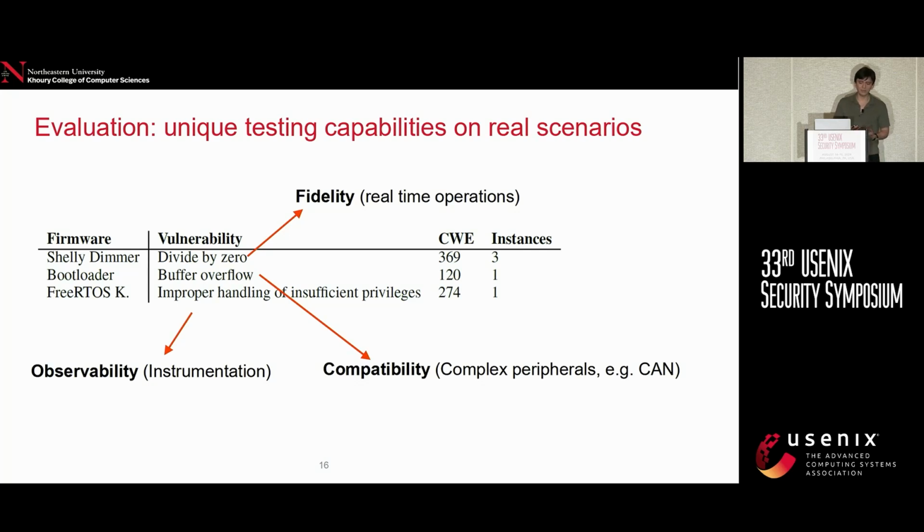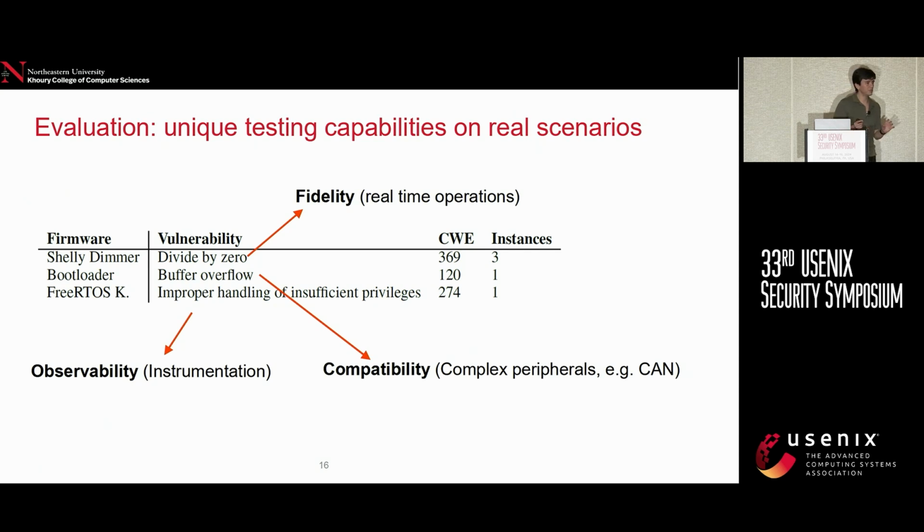Because of these characteristics, we found, as I said previously, 5 new vulnerabilities. And each one, you can see here, cannot be identified by regular emulated solutions because of fidelity, lack of compatibility with complex peripherals, and observability.